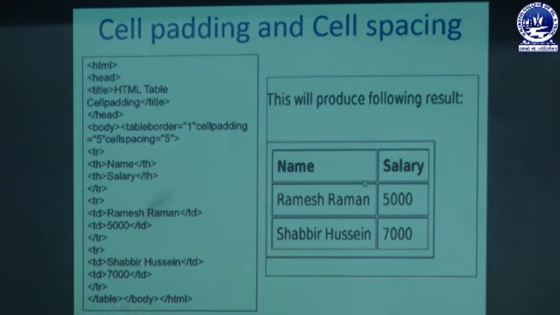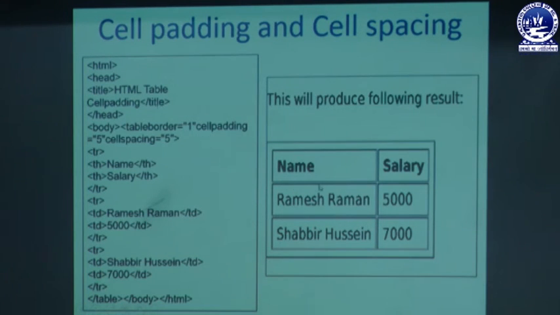So we have the same program as we previously discussed, but here we have 2 new things, that is cellpadding and cellspacing. If we increase the cellspacing, the border of the table will increase. Similarly, if we increase the cellpadding value, then the distance between the 2 cells will increase.